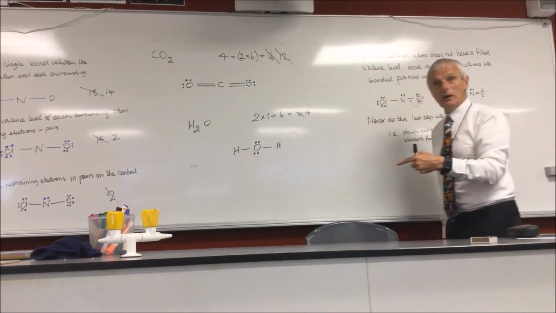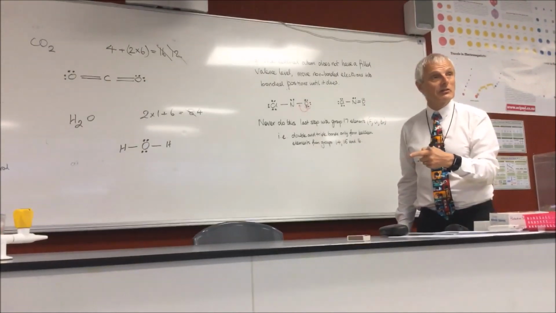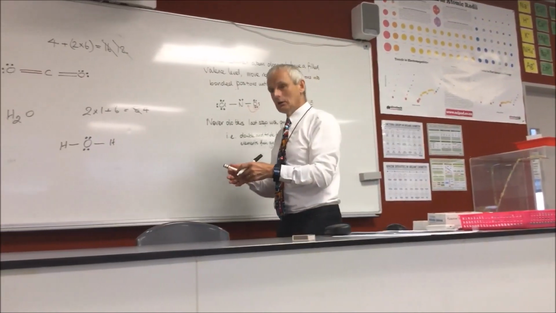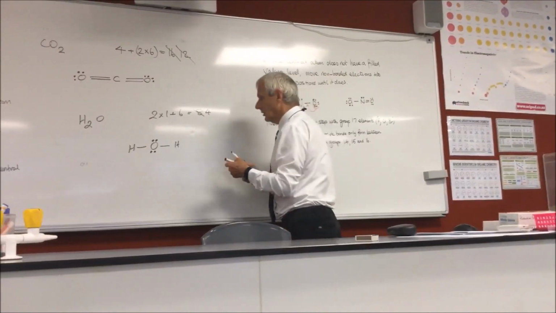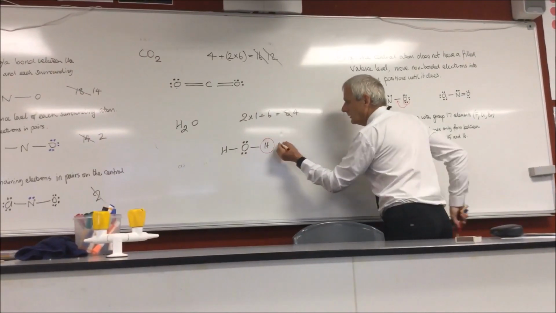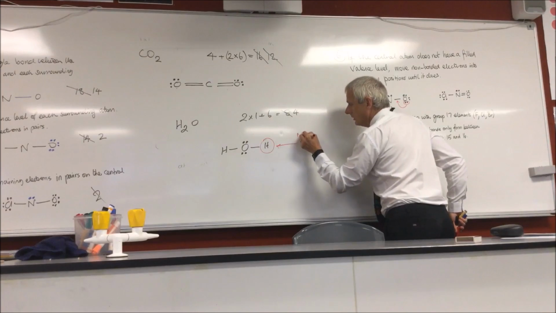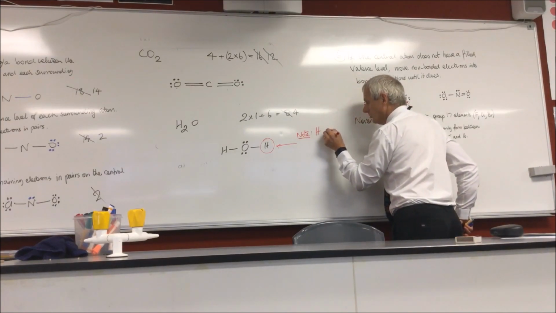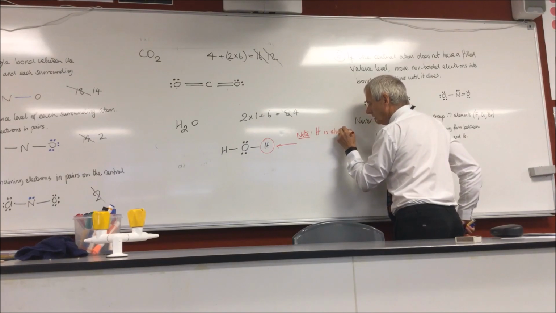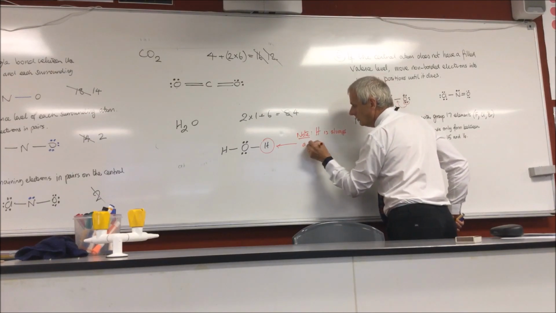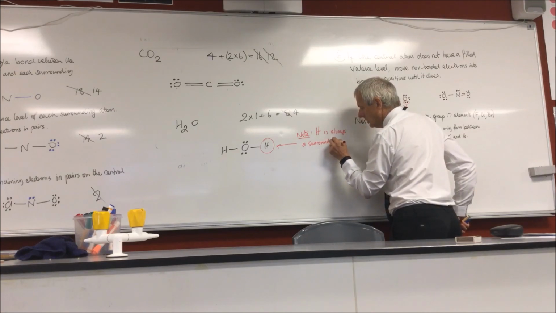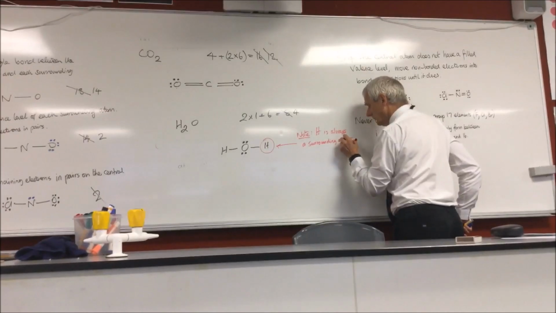Remember, hydrogen only ever has 2 electrons to fill its level, so it's always going to be an outside, a surrounding atom. I'll put that in. Note, H is always a surrounding atom.